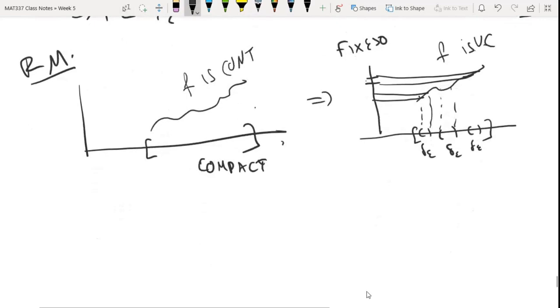As a dramatic example, let's see 1 over x, which fails. Small balls can get mapped to big balls.